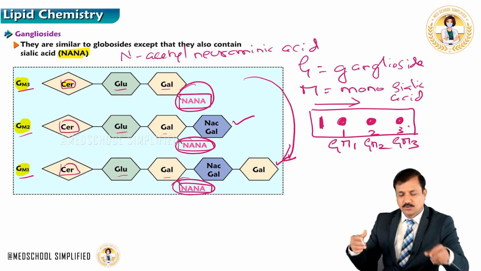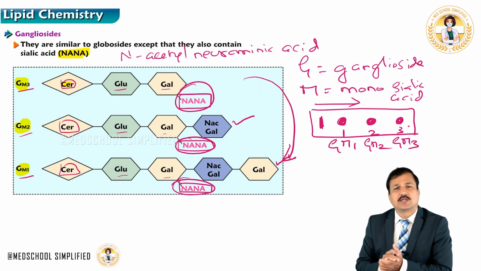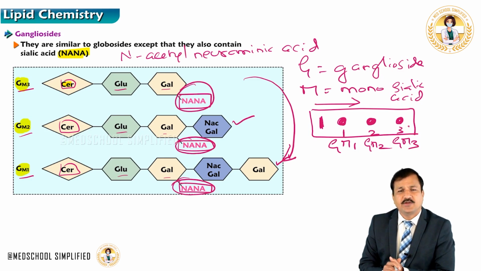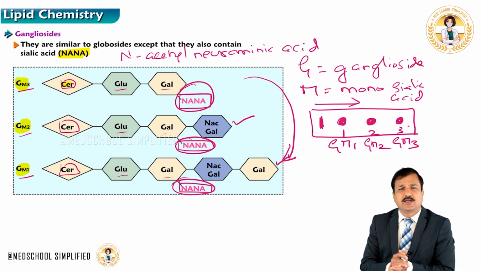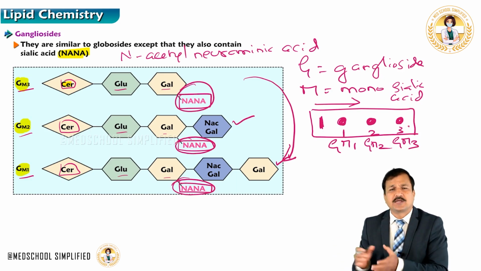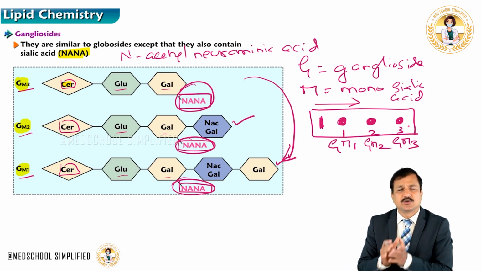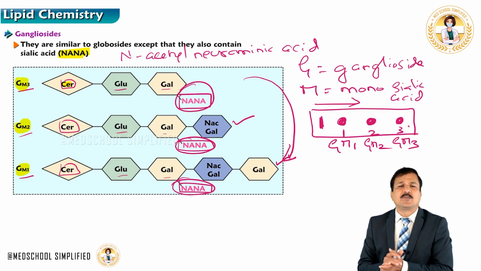So the 1, 2, 3 is how they move in paper chromatography when they are separated based on complexity. That's the numbering. So G for ganglio, M for monosialic acid, and 1, 2, 3 is how complex they are. So 1 is most complex and 3 is least complex based on the composition.